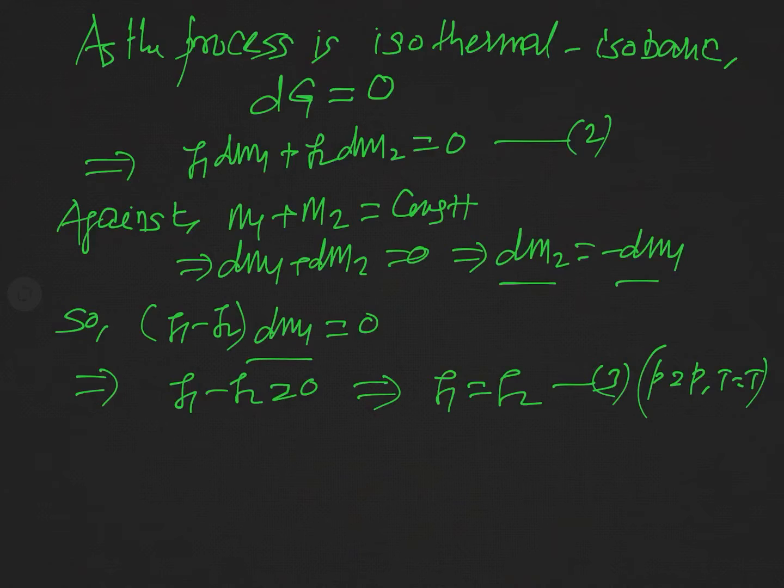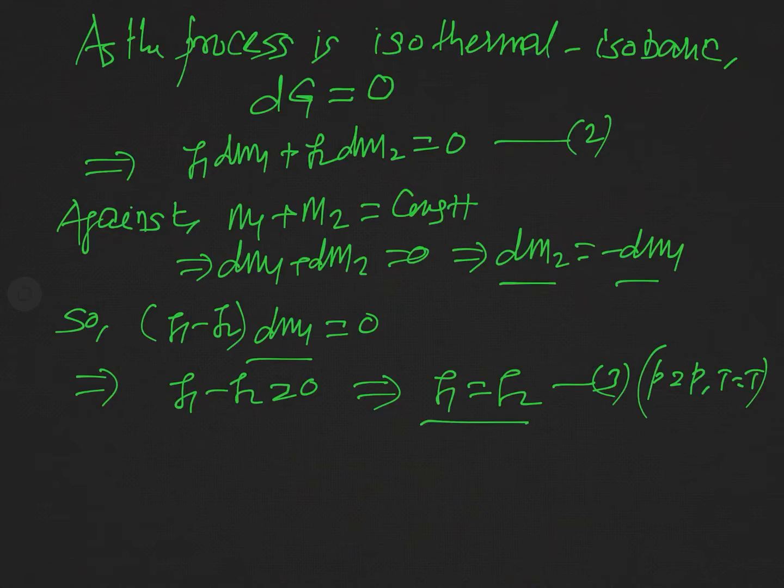Now, if we change the temperature of the system, then more liquid will convert into vapor, and vapor pressure will change in such a way that this condition G1 and G2 remain satisfied at all temperatures and pressures.